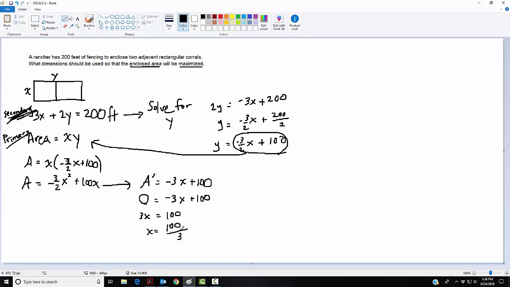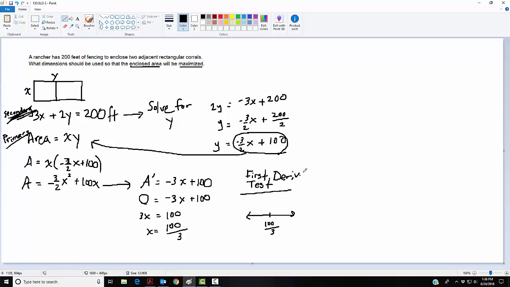Now, we also know in this section that anytime we're maximizing or minimizing, we need to use either the first derivative test or the second derivative test. In my case here, I'm just going to use the first derivative test because there's a little more work that I can do, and I find that students usually get it a little better, but the second derivative test is actually a lot faster.